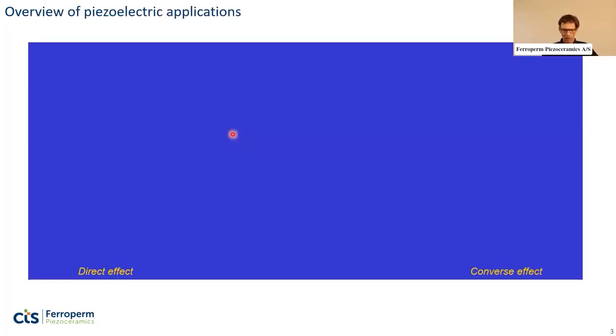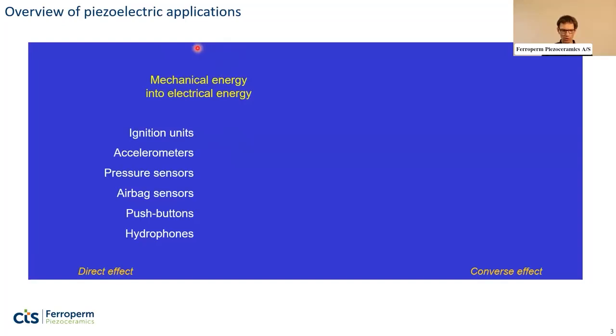First I'll give an overview based on the type of effect. Those of you who attended the first webinar will know about the direct piezoelectric effect and the converse. First the direct effect, where we convert mechanical energy into electrical energy.